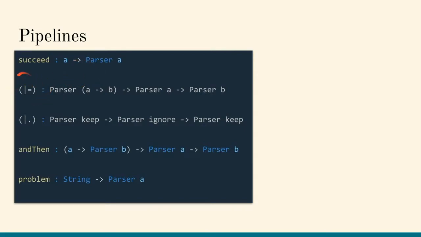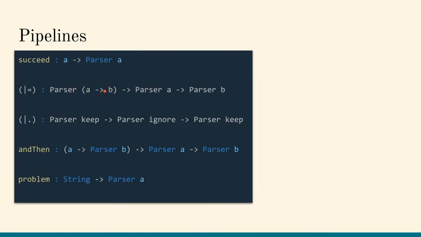Then we have this pipeline. This is called the pipe operator. It's like an operator. We give it two parsers. If you were to say in plain English what that's doing, it's like a function that takes in two values. Actually a parser is always a value, but this parser value can carry a function.